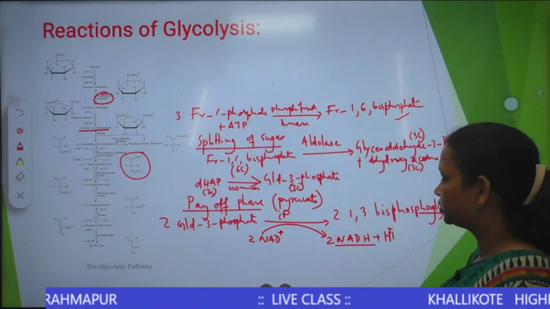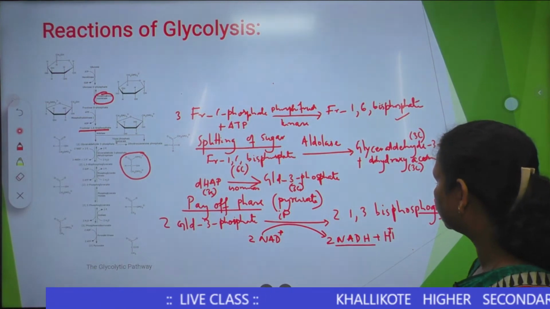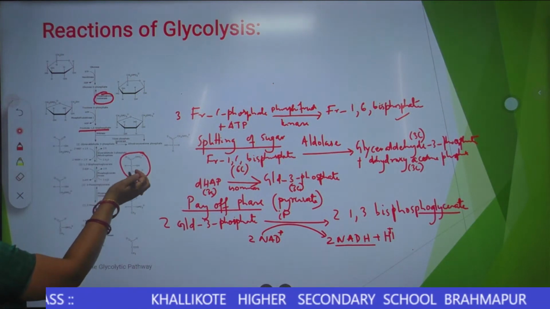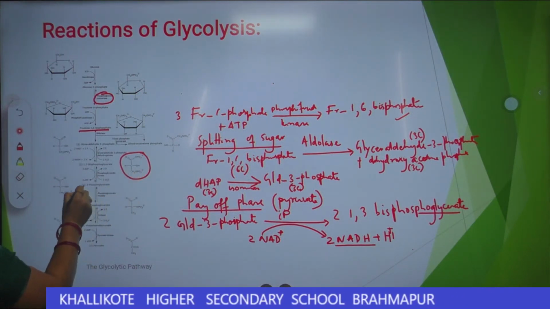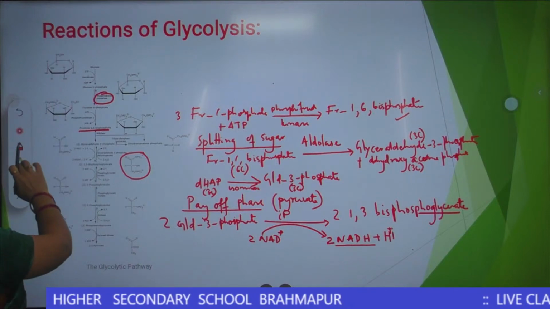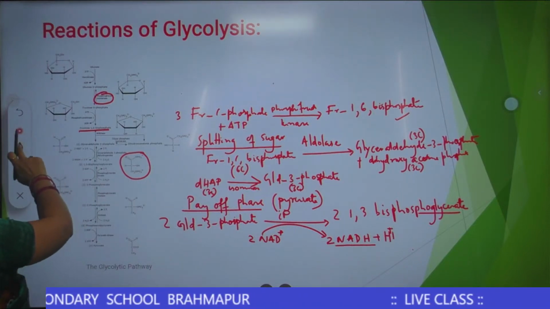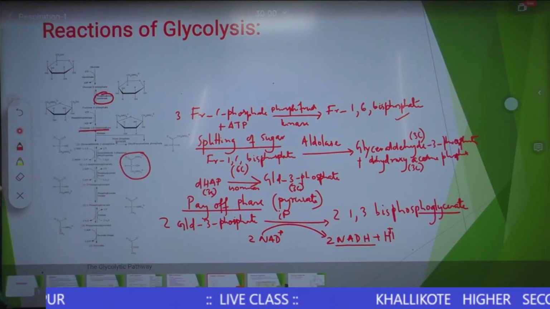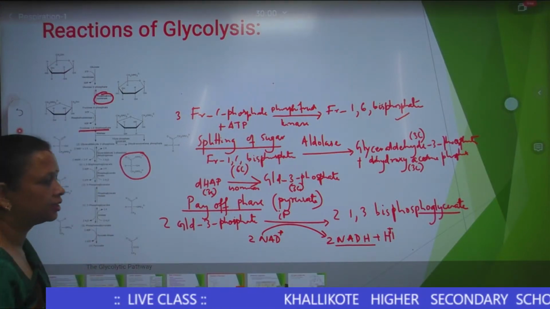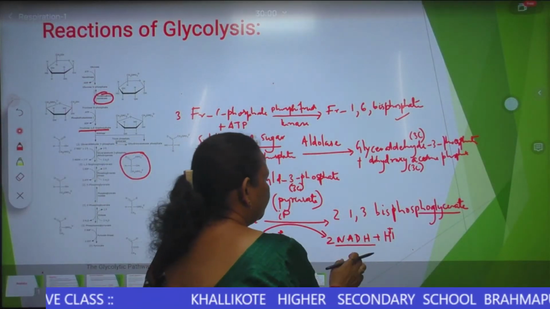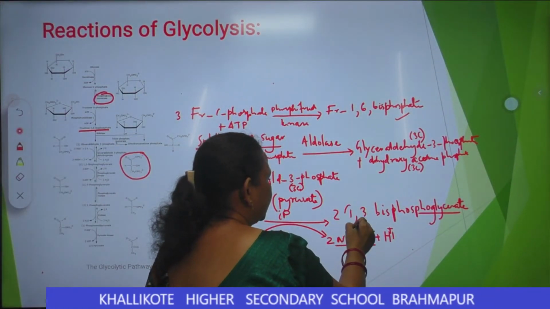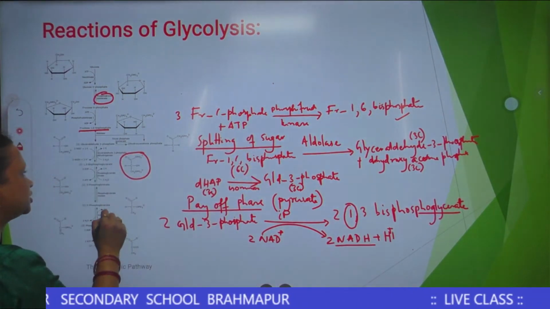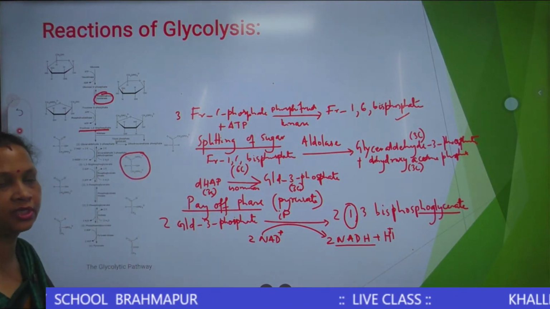So we shall proceed further. What happens to 1,3-bisphosphoglycerate? It is now getting converted into 3-phosphoglycerate. So 3-phosphoglycerate means that the phosphate compound is getting liberated from the first position. So this first position will be losing the phosphate.